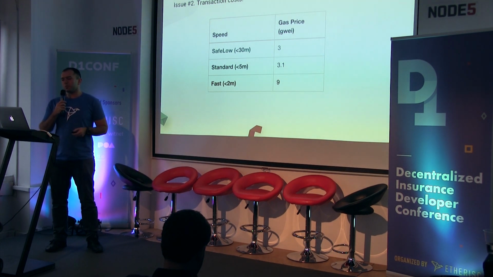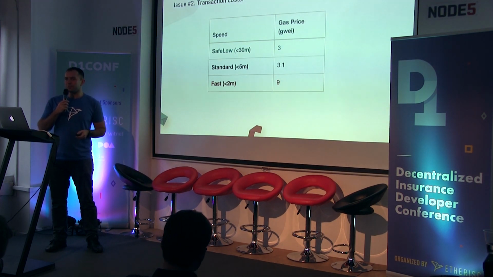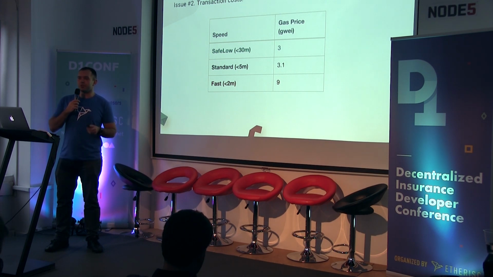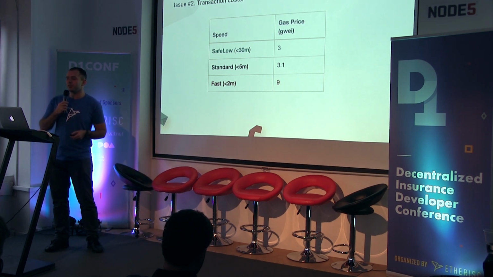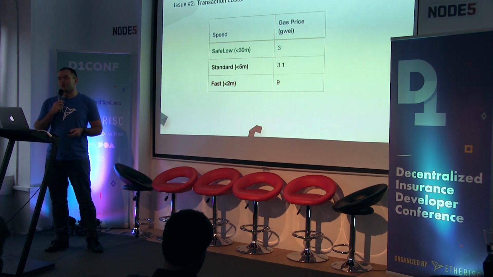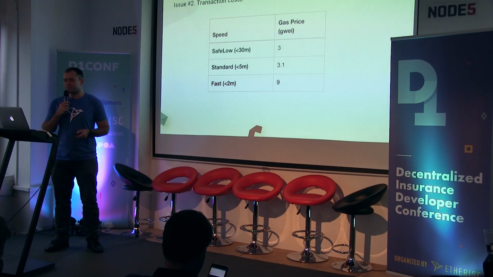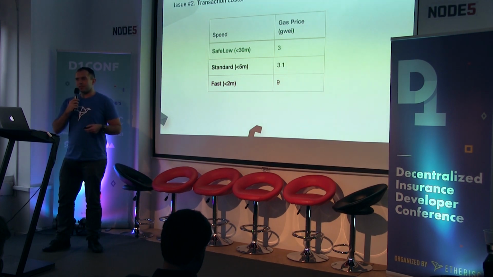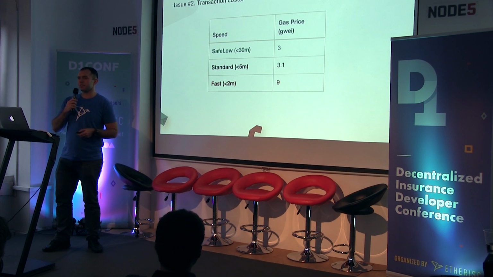But if we were to build an insurance product that would collect premiums periodically, once an hour, automatically, that would be too much of a cost for the transaction. And with variable prices, you actually can't set them through the app. It is the end user who sets the price of the transaction, so it's a bad experience for the user as well.